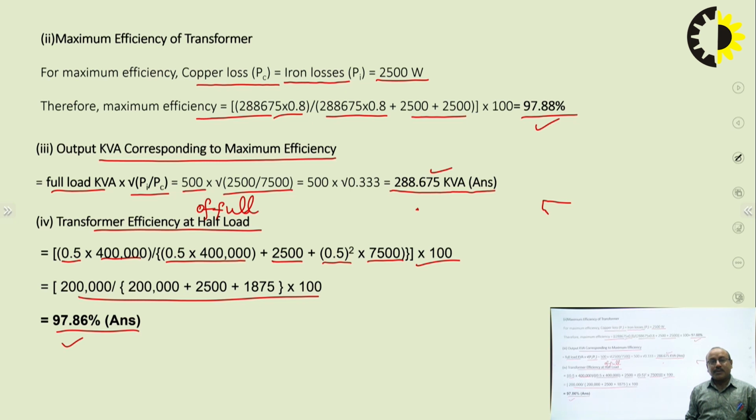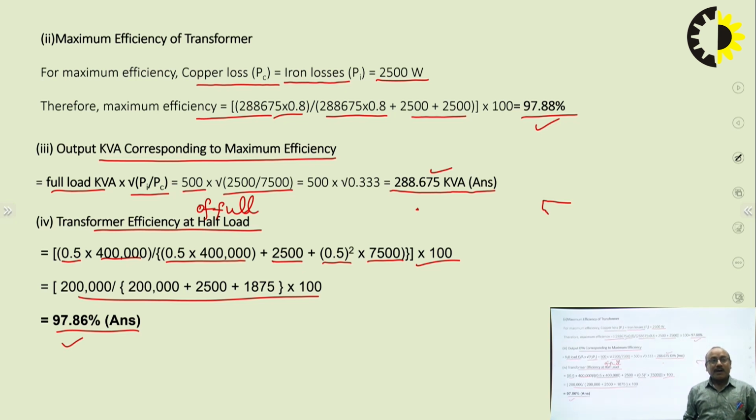Main thing which is important in this, core losses or iron losses remain constant with the variation in load, while copper losses depend upon load and they are proportional to square of the load current. So with the variation in load current, copper losses are varied proportional to the square of load current, and they can be calculated.